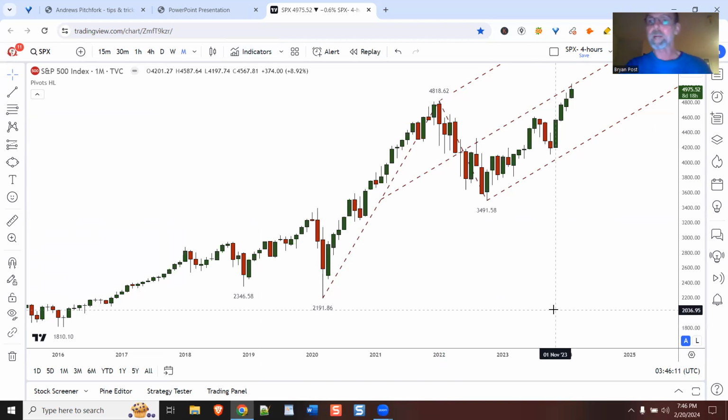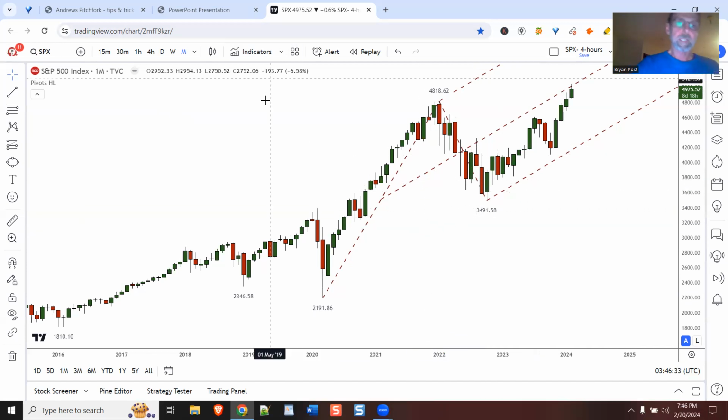So whatever tool you're using for drawing, take a look at the different swing and pivot tools and find one that helps you when you're drawing Andrews pitchforks.